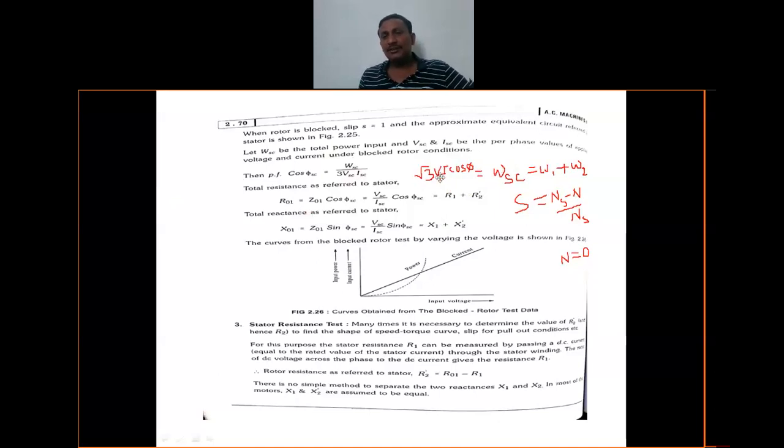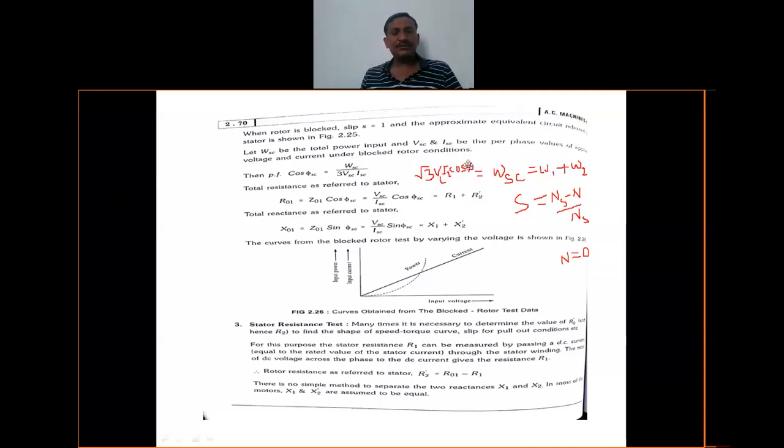If you take line voltage and line current, you take root 3. For line voltage, you use the formula root 3 VL IL cos phi.